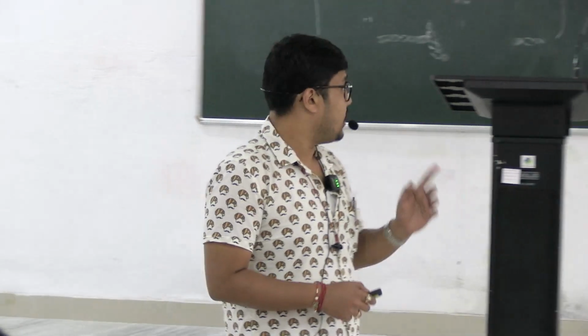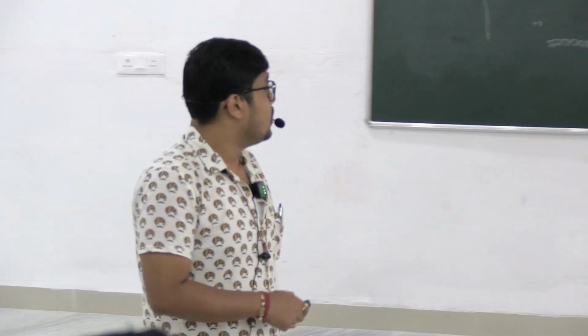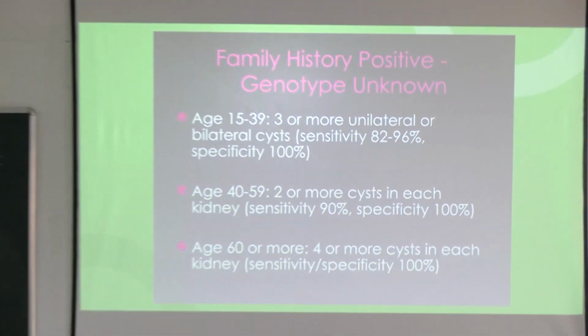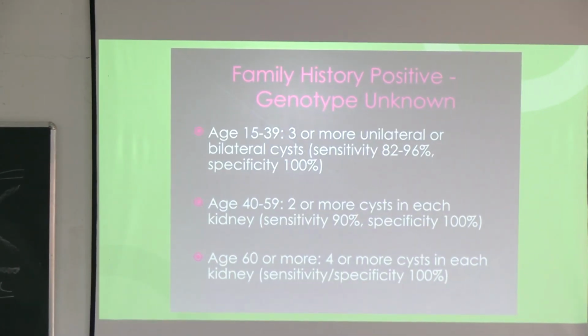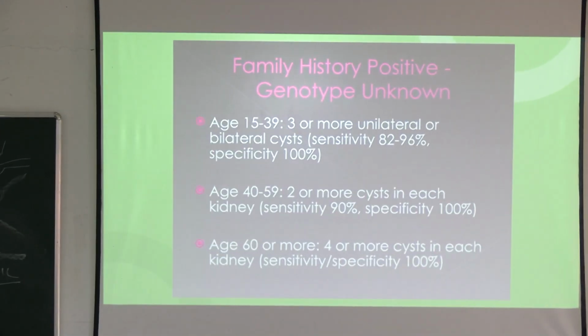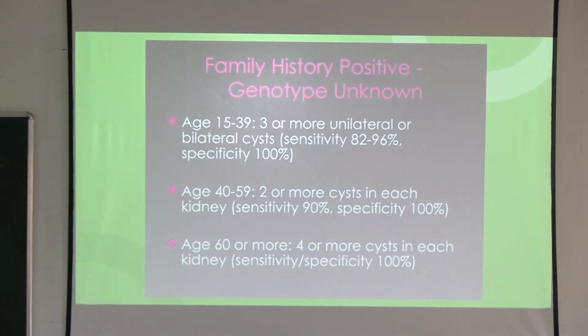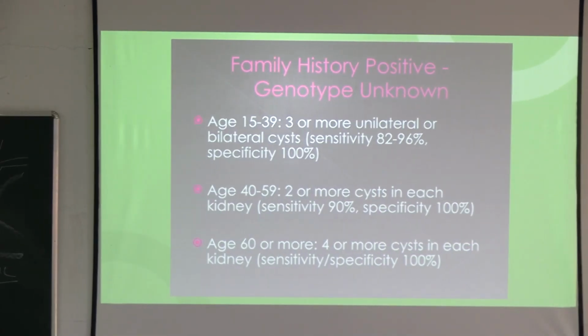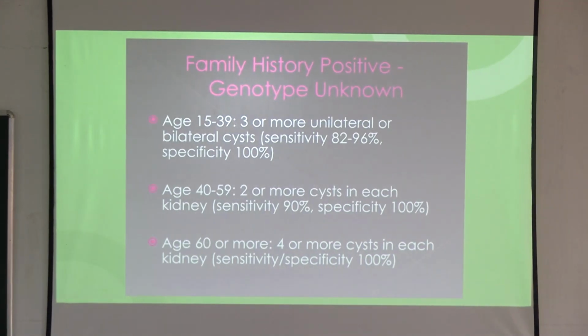Okay, because of the psychological pressure, he or she may be affected by the psychological burden from routine screening. So, family history positive but genotype unknown. There are three age groups: age 15 to 39, 40 to 60 and age 60 or more. From age 15 to 39 you require 3 or more cysts in both the kidneys.